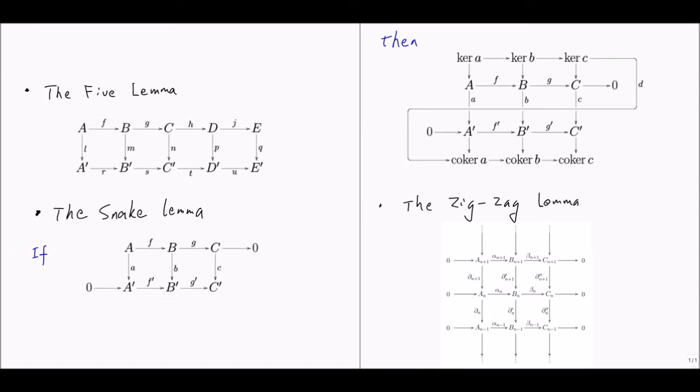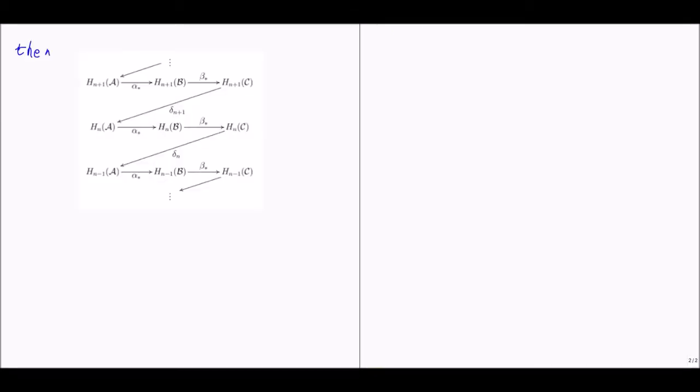Suppose we have three chain complexes A, B, and C, satisfying each row is a short exact sequence, and each square is commutative. Then there's a long exact sequence induced by this short exact sequence of chain complexes.